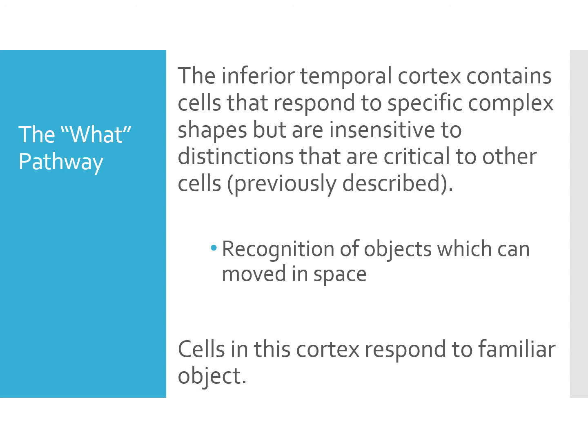So what we were responding to depended on the location in space. But now these neurons are going to give us the recognition of objects, which can be moved in space, regardless of where this person's face is in my visual space. This is a neuron that is responding to this person's face. It's going to fire. So cells in this cortex are going to respond to familiar objects.